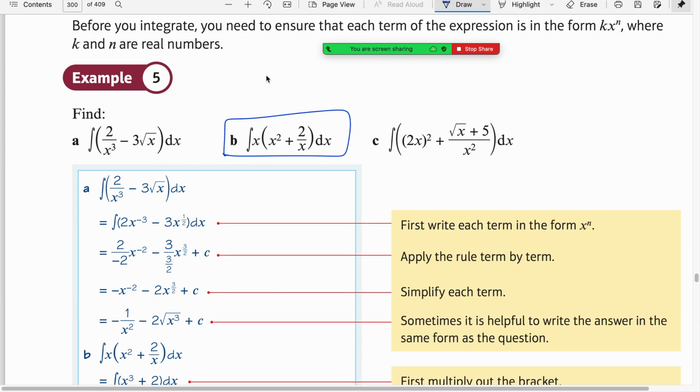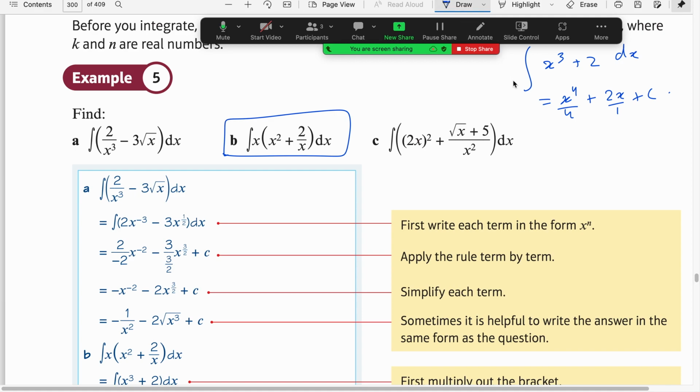For example, x into x square is x cube, and x into 2 by x is just 2. So when we integrate it, we get power plus 1 by new power, plus 2x over 1, plus c. It is indefinite. When you have limits like 1, 2, 3, only then we do not use c.